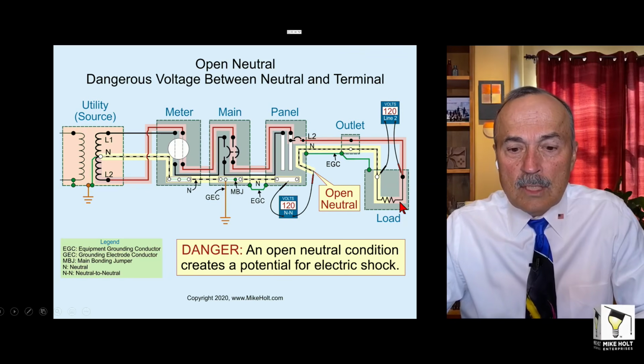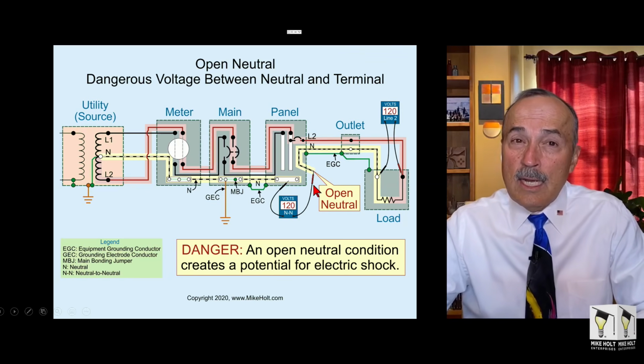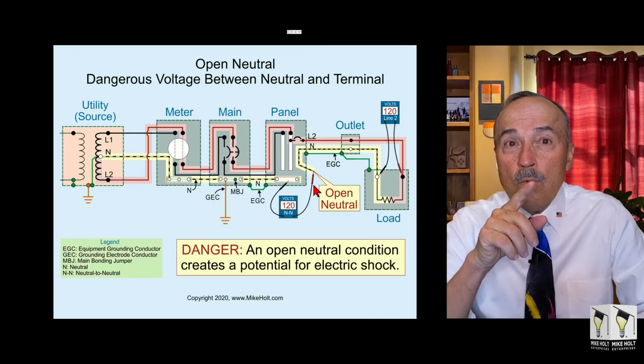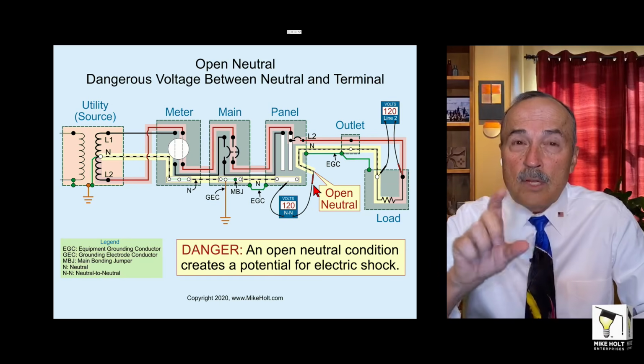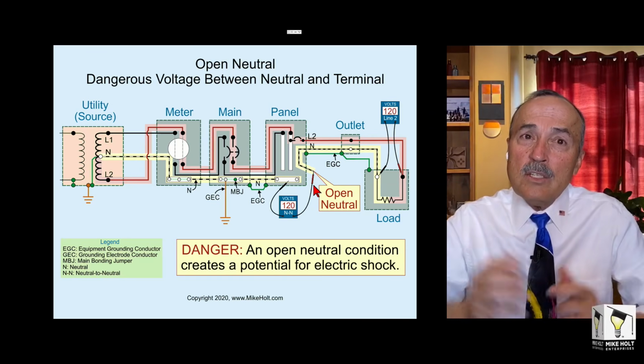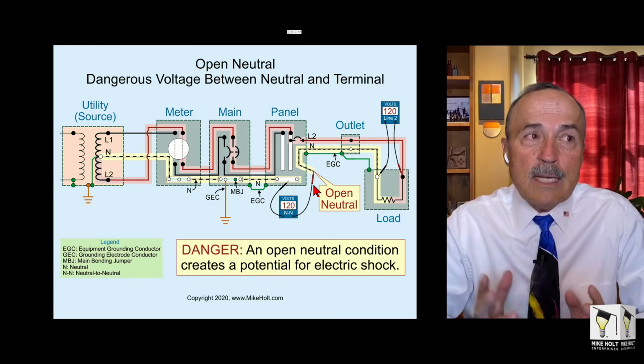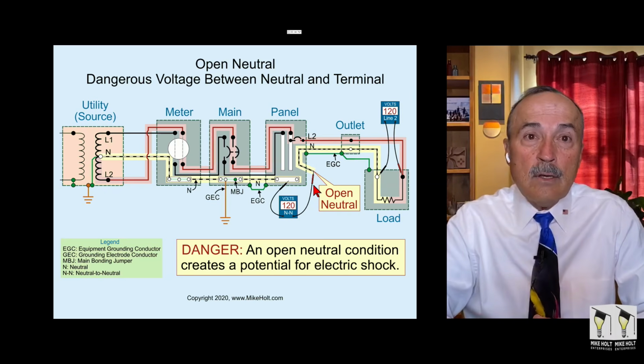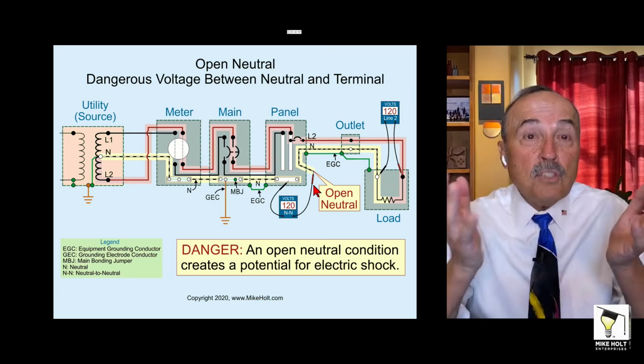Kirchhoff's law is going to show you that you're going to have 1,000 divided by 1,020. That's going to be your percentage. You're pretty much going to be in series with about 120 volts, maybe 119, 117. You can do the math, okay? So do the math. You're supposed to know how this works.